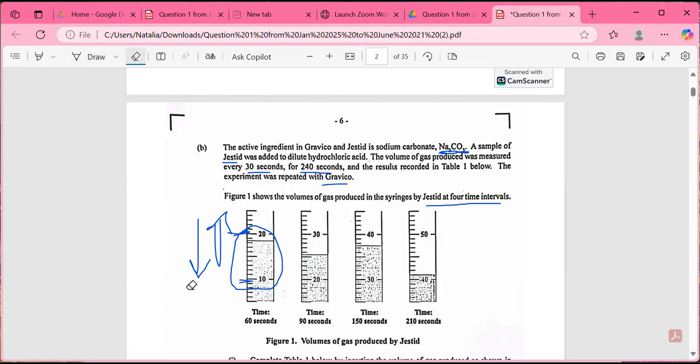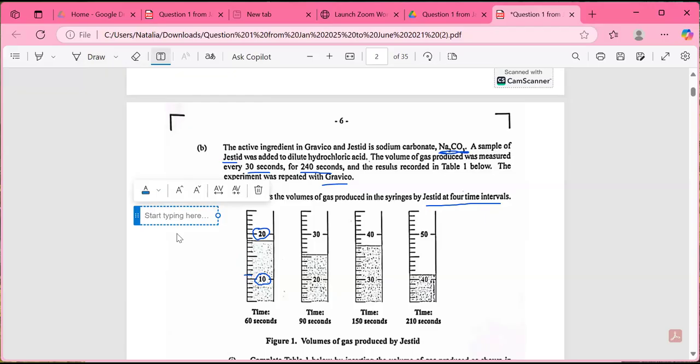The second thing that we would need to identify is the value of each of these lines. So we are going up by 10. From 10 to 20 means we're going up by 10. To find the value of each small line, it is what you're going up by divided by the number of lines.